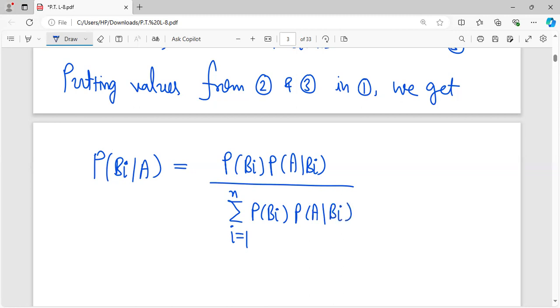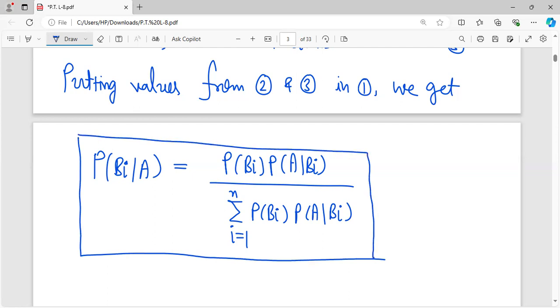So this is the proof, for each i from 1 to n.